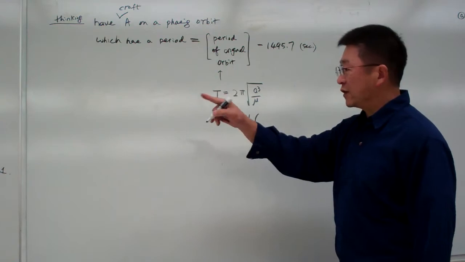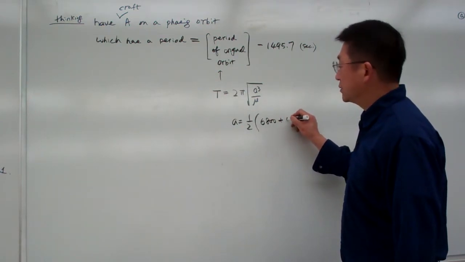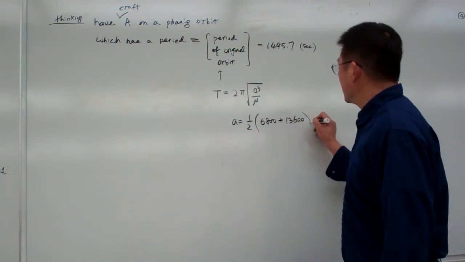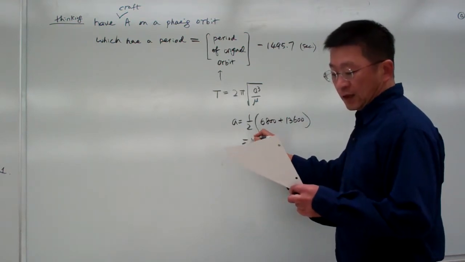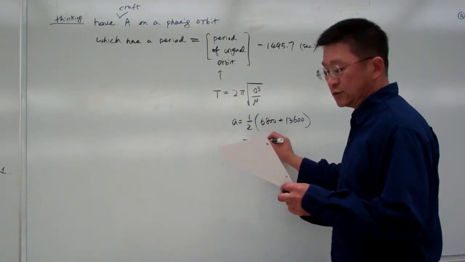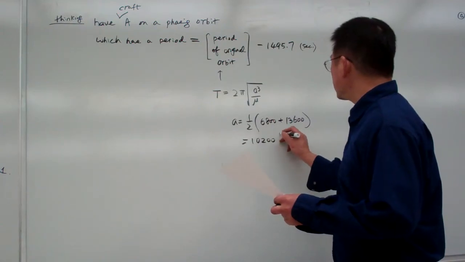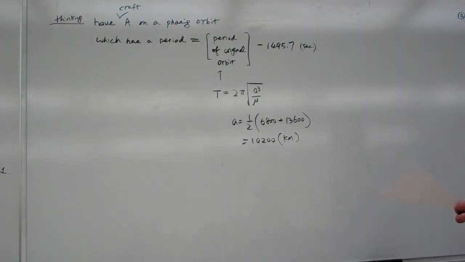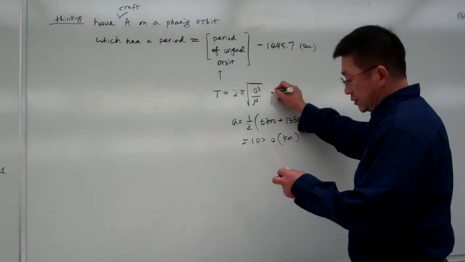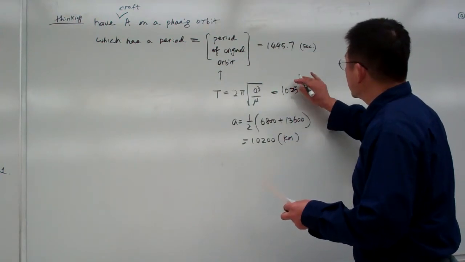One half of the apogee plus perigee distance, and that equals 10200. So from here we should be able to determine that this one is 10252 seconds.